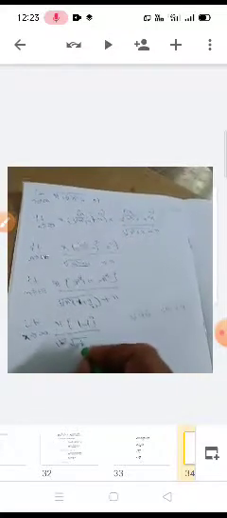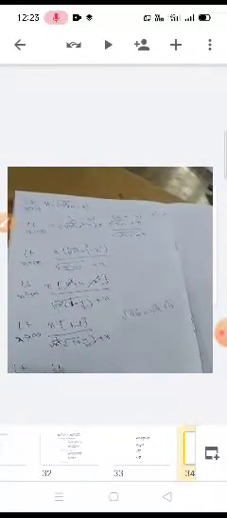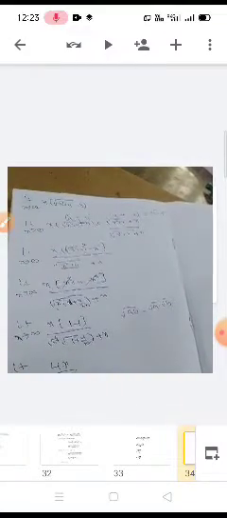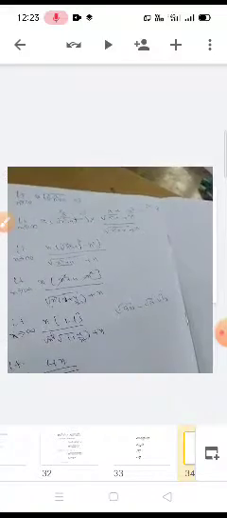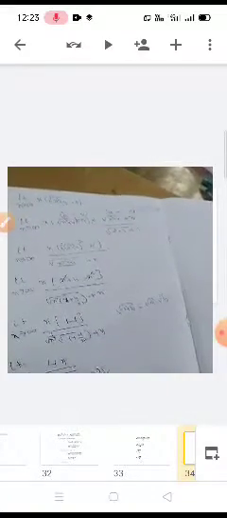Root of x square into (1 plus 4 by x square) plus x, the square root cancels here, limit x tends to infinity, 4x by (x of under root 1 plus 4 by x square plus x).